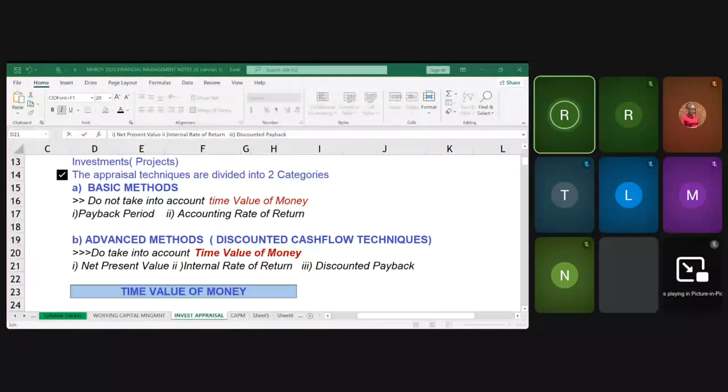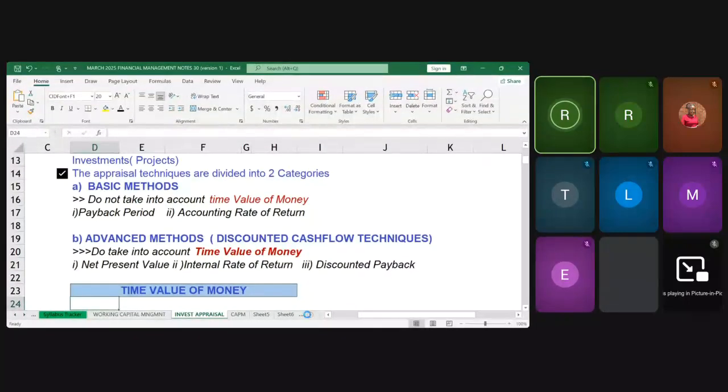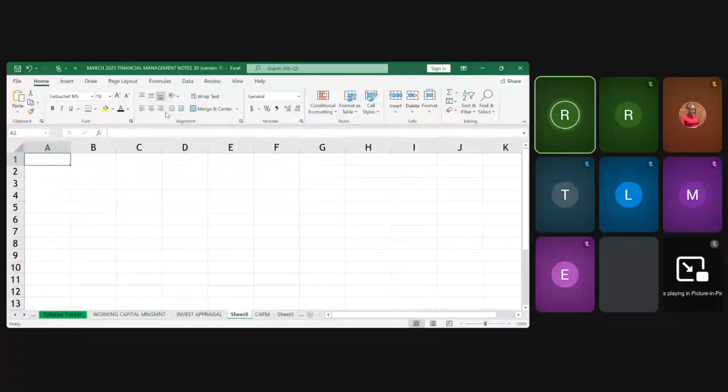Now, since we have introduced the issue of time value of money, let us then discuss issues surrounding time value of money. Let me just try and find a new sheet so that we are not distracted by the notes that are there.